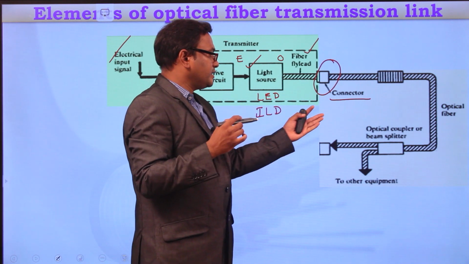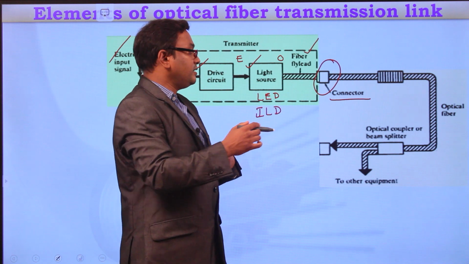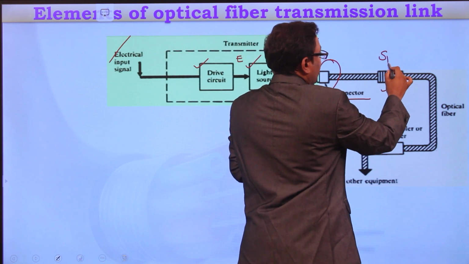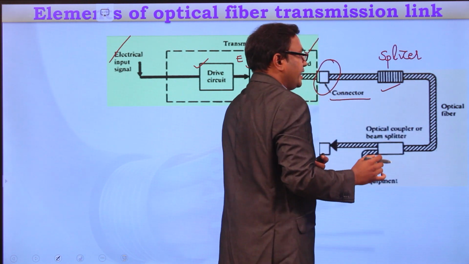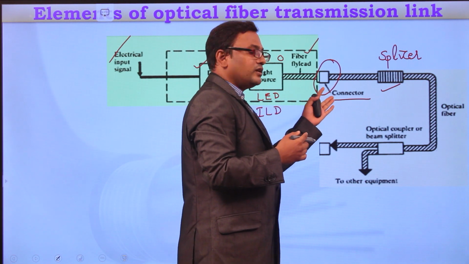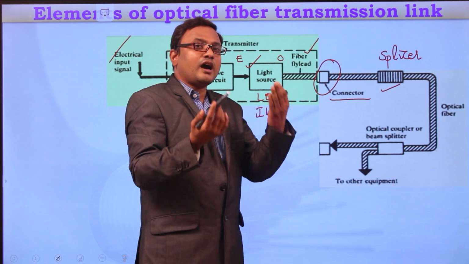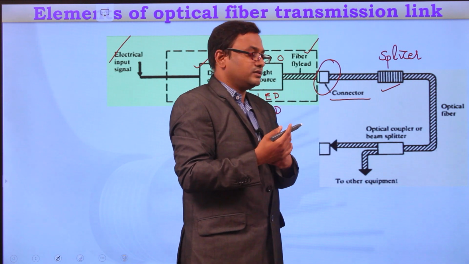Otherwise, if you want to connect this channel permanently to the transmitter section, we have to use the component which is nothing but the splicer. By using this splicer, we can establish the permanent connection between the components, and by using the connector, we can establish the temporary connection between the components. So based on our requirement, we may use either connectors or splicers.